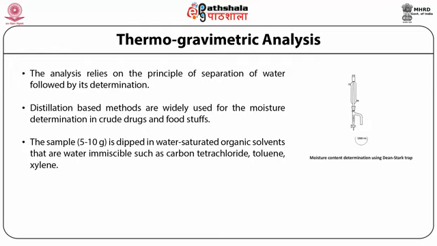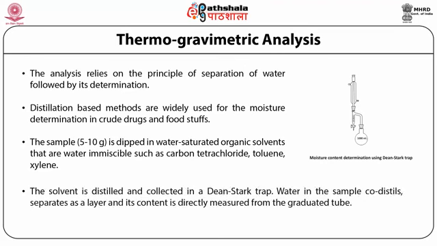The moisture in the sample co-distills with this organic solvent, is condensed, and is collected in a Dean-Stark trap. This mixture of organic solvent and water separates into two layers, and the content of moisture can be directly read from the graduated tube.